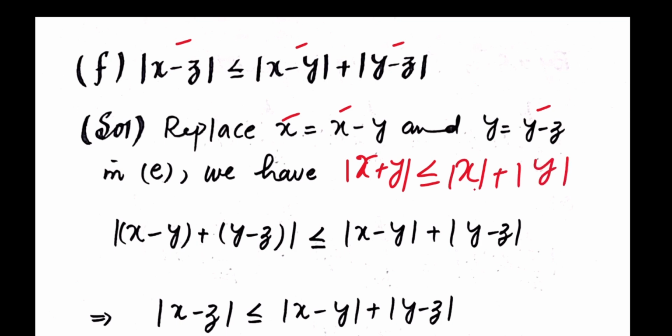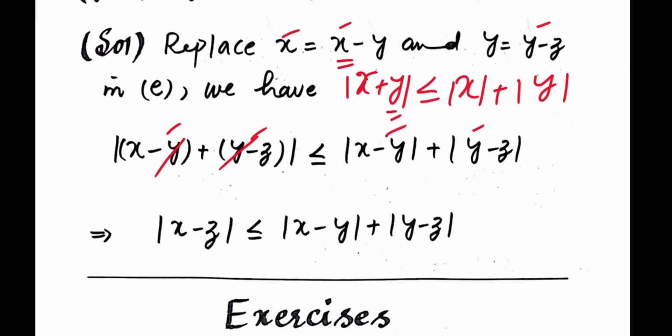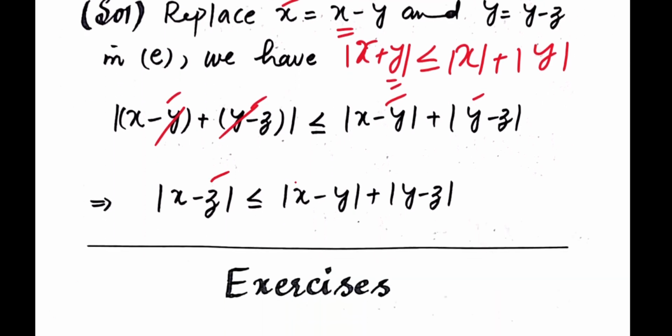So in this inequality, replace x with x minus y, this becomes x minus y, and replace y with y minus z, this becomes y minus z, less than or equal to the norm of x minus y plus the norm of y minus z. Cancelling out y, we have the norm of x minus z less than or equal to the norm of x minus y plus the norm of y minus z.